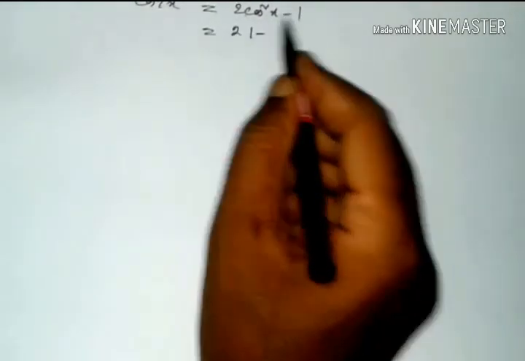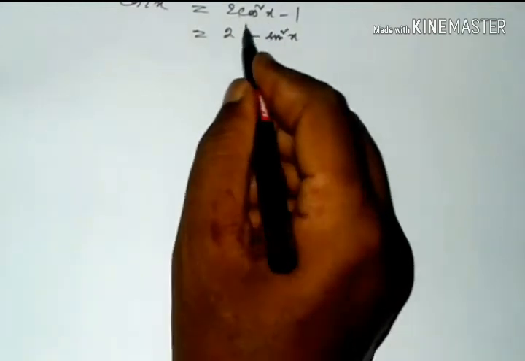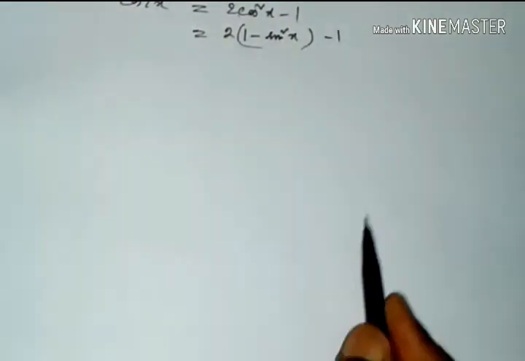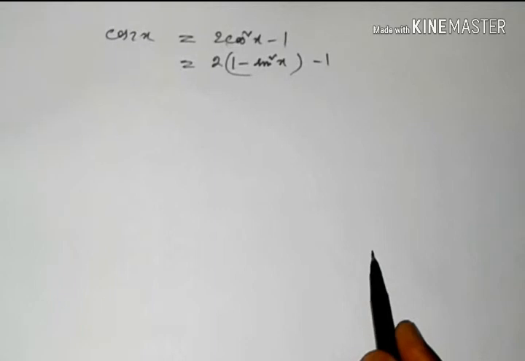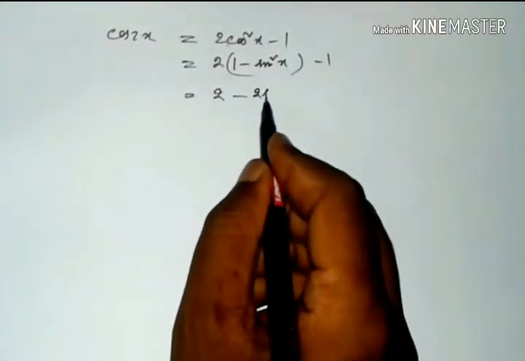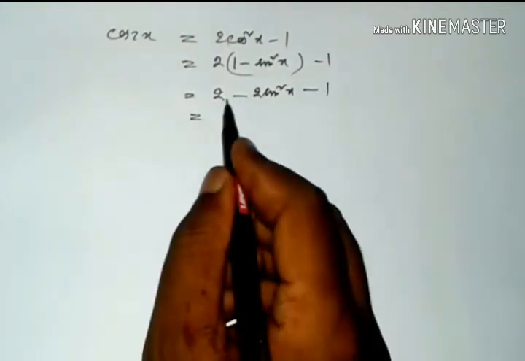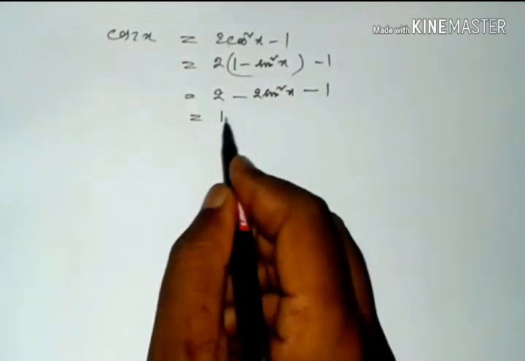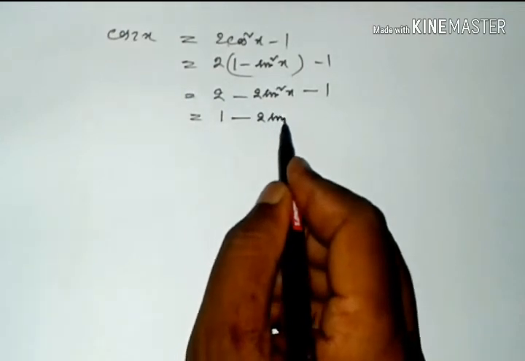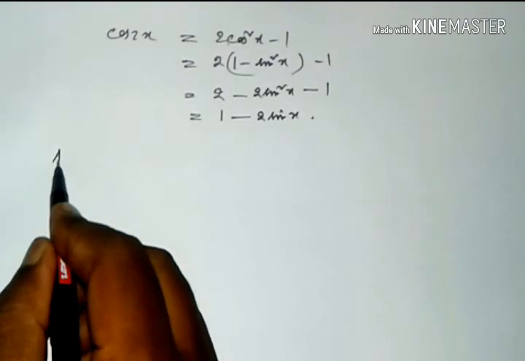It is 2 times 1 minus sin square x, minus 1. Therefore 2 minus 2 sin square x minus 1. From these, 2 minus 1 is equal to 1 minus 2 sin square x.